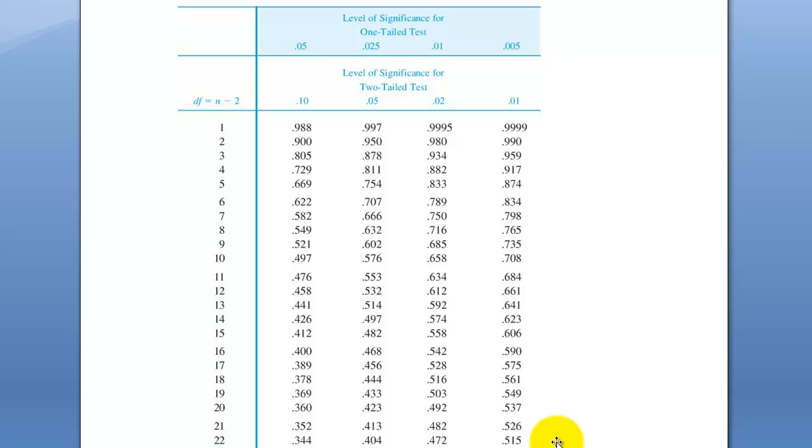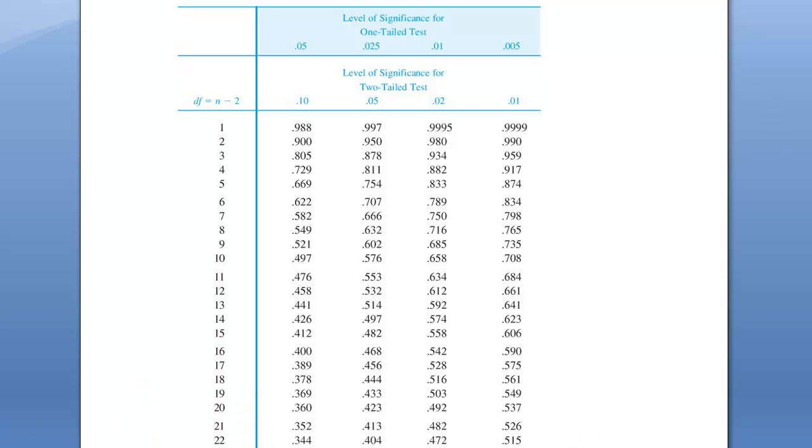So anything beyond that is a critical region, and if the R value is bigger than this, that means it falls into the critical region, and we can say that the chances of this happening by chance as a sampling error is too small, and we can conclude that the correlation was strong.